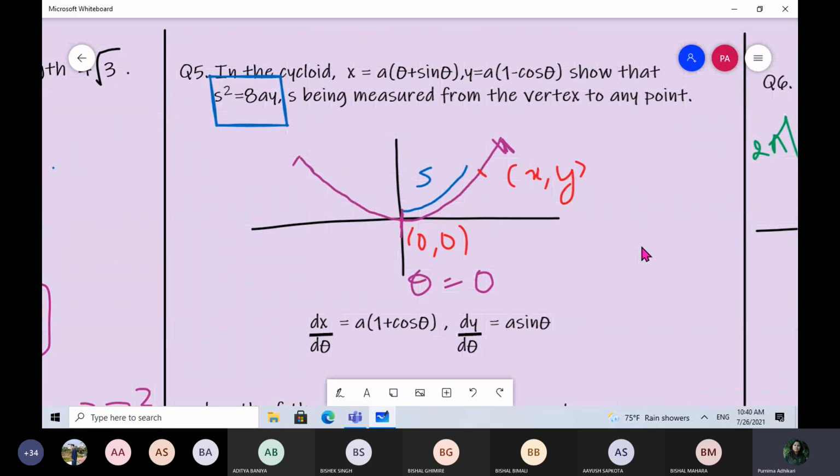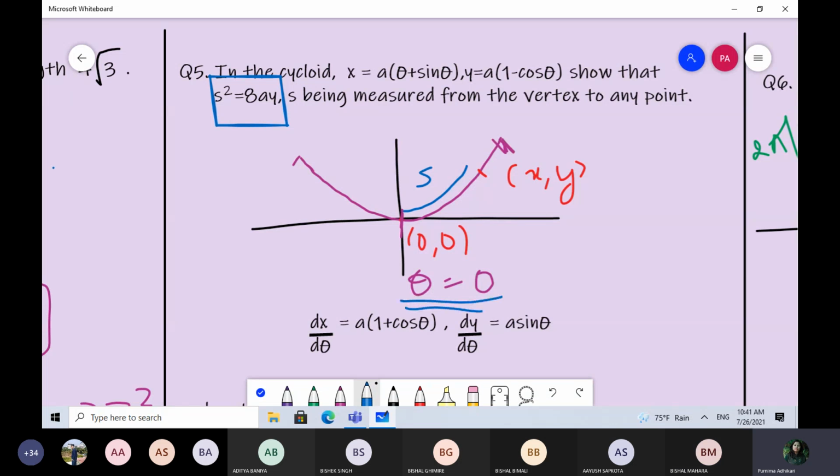So what is the limits of integration in this case? What is the possible limits of integration? 0 to theta. Very good. You see, your initial point is 0, 0 origin. So when did you get x 0 and y 0? When you put theta equals to 0.